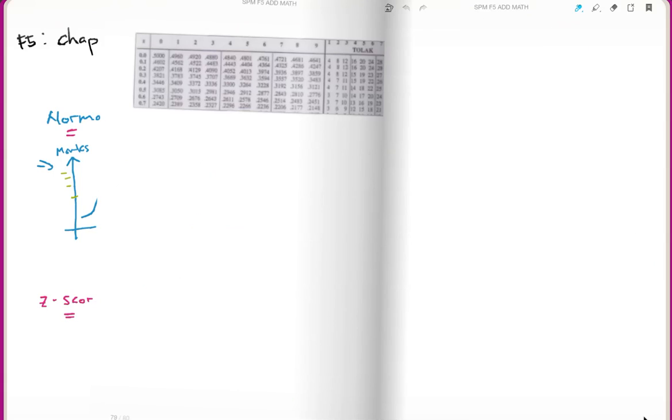Okay, next. Oh, we have another one here. For example, now in between, we have the probability of negative 0.93 less than Z less than 1.02. So now it becomes tricky because this part is negative and this is positive.